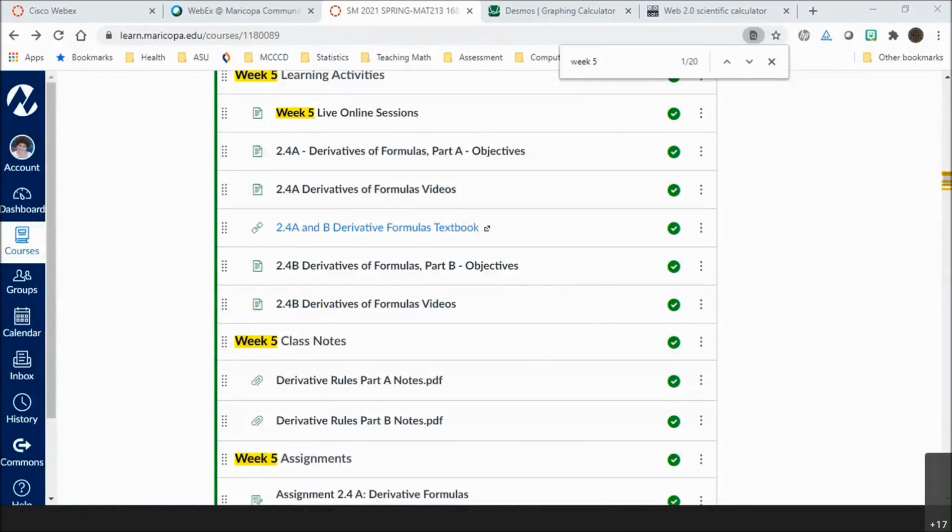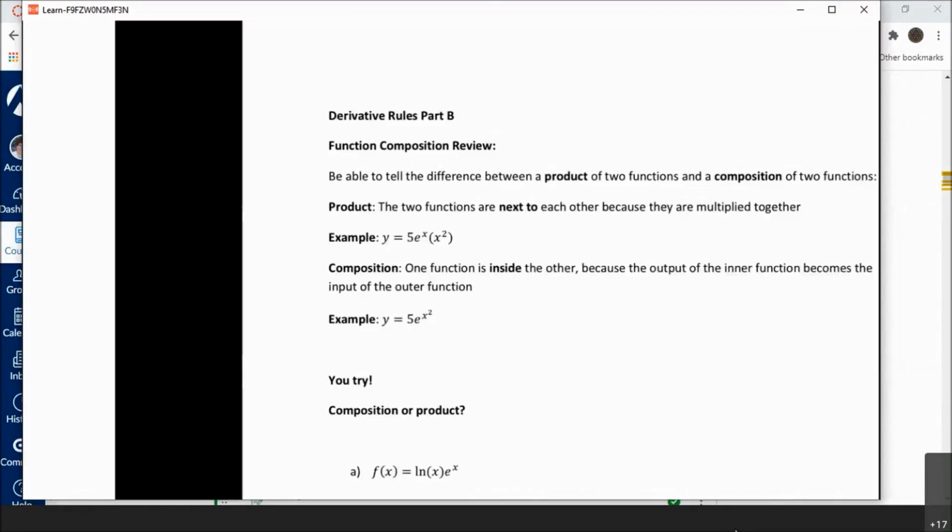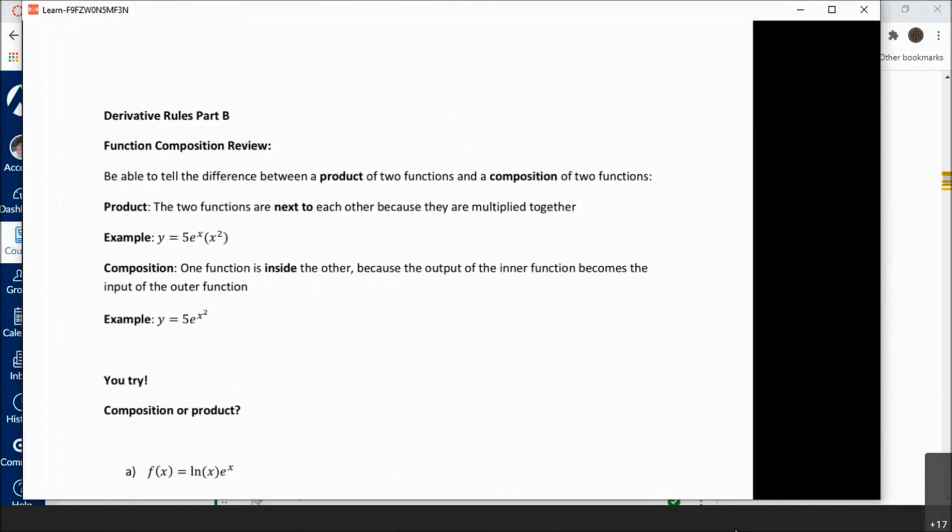All right, let me share the notes now. Everybody should be able to see derivative rules part B on my screen.